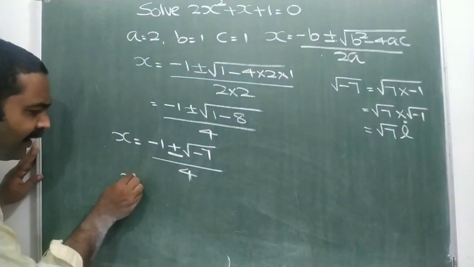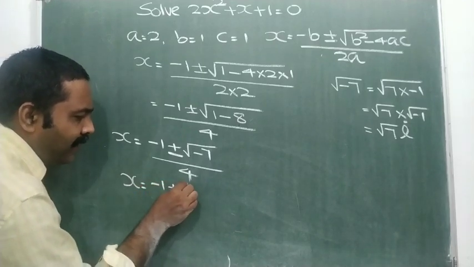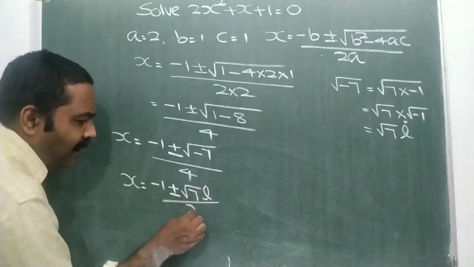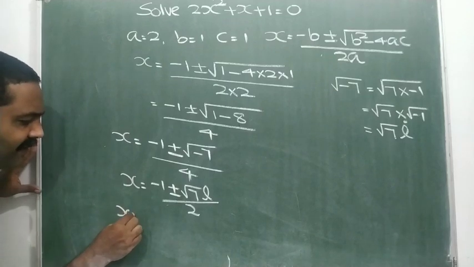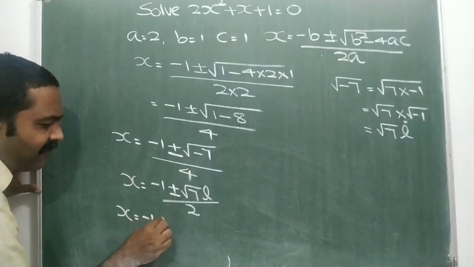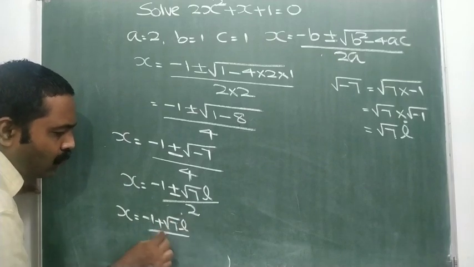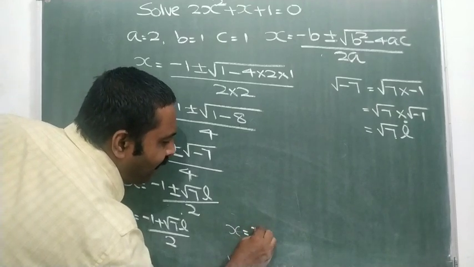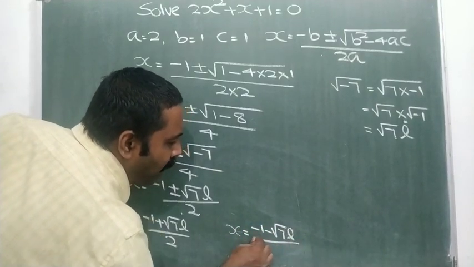Therefore, x is equal to minus 1 plus or minus root 7i by 2. Plus or minus separately: x is equal to minus 1 plus root 7i by 2, or x is equal to minus 1 minus root 7i by 2.